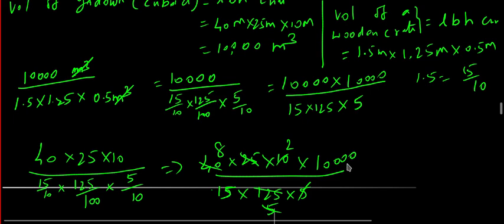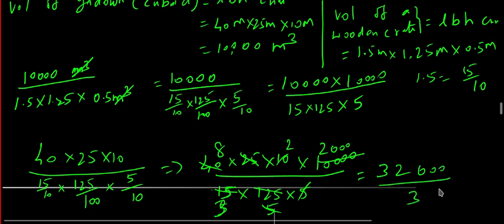So 15 and here we can cancel, this will go 5 times. 2 5s are 10 and 3 zeros. It is 3 times, 3 5s are 15. We are multiplying and dividing by 5. What will be in the numerator? 8 2s are 16, 16 2s are 32. And how many zeros do we have? 3 zeros. So 32,000 divided by only 3 left over in the denominator.